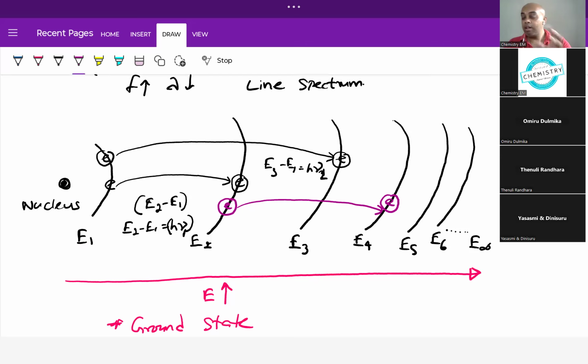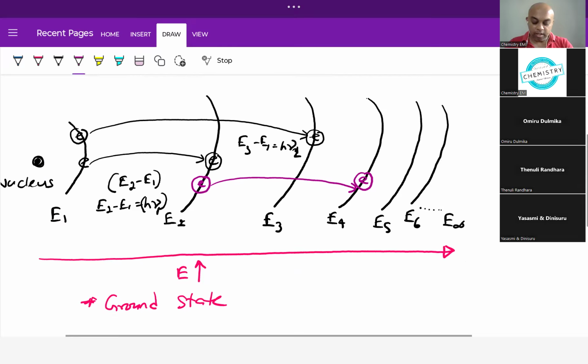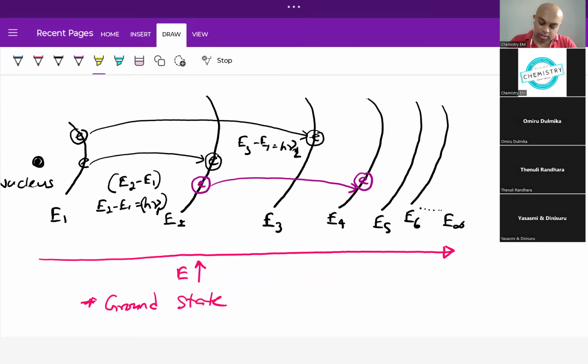Right? There can be some scenarios where the electron gathers enough energy to move to infinity. For an atom, infinity means outside the atom. So the energy absorbed is enough to reach infinity, which means the electron is going away from the atom.